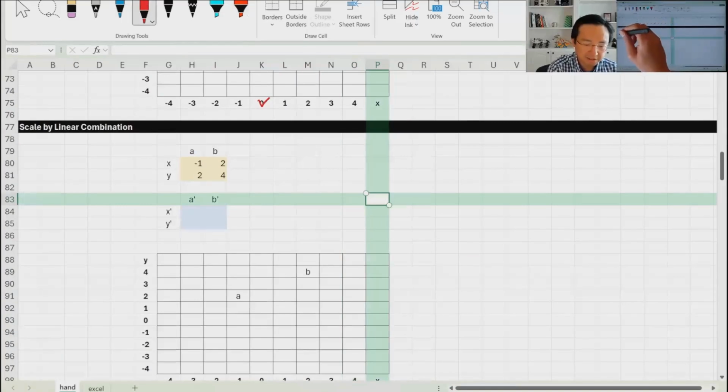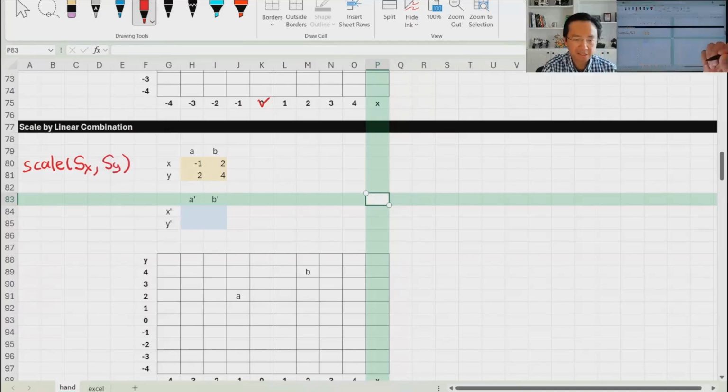A very common transformation called scaling. This time we have 2 parameters as well in 2D. One is the scaling factor along the x dimension, s sub x, and s sub y is the scaling factor along the y dimension. Let's use a concrete example. Suppose s sub x is 2 and s sub y is 0.5.